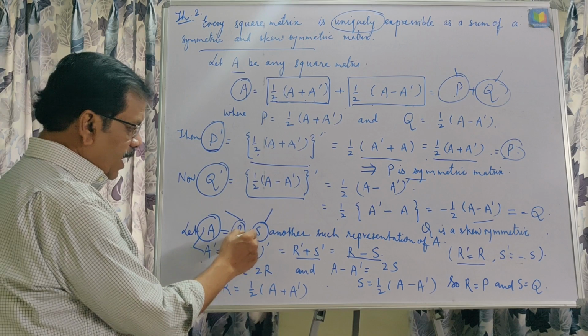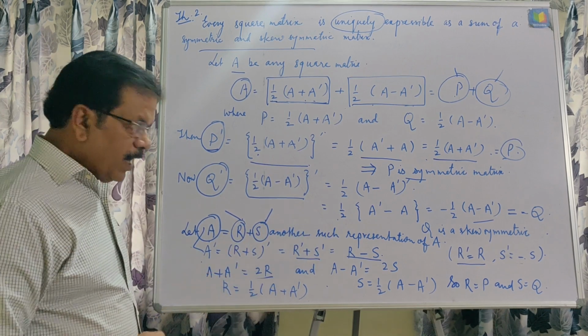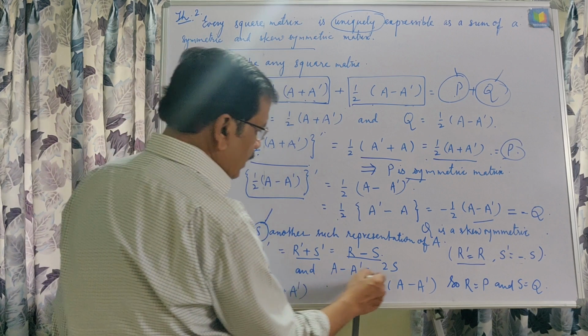So after putting this value, R minus S, from these two equations, adding A plus A dash, S will be cancelled, we will get 2R, and A minus A dash we get 2S.